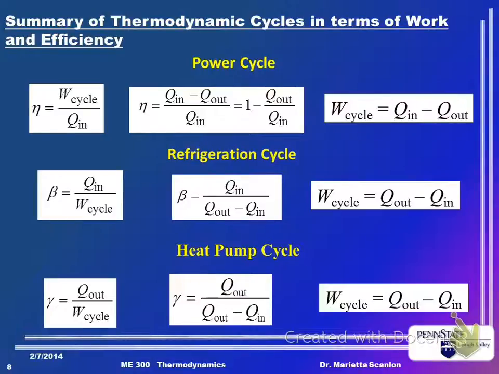Plugging in Q out minus Q in for work cycle, I can get gamma either in terms of work or simply in terms of heat.